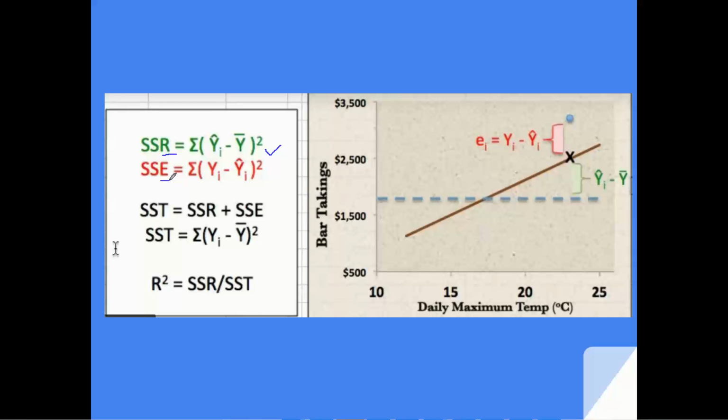We are not taking into consideration that temperature is impacting the sales. Right now, I'm not taking that into consideration. So for that, we calculate the sum of square of residuals.